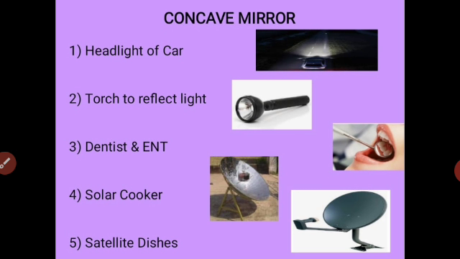The sunlight coming from infinity are all parallel to each other, which after reflection converges at the principal focus. Thus, the sunlights are focused at the point where we have kept the utensil, and intense amount of heat and light energy helps to get the food cooked faster.